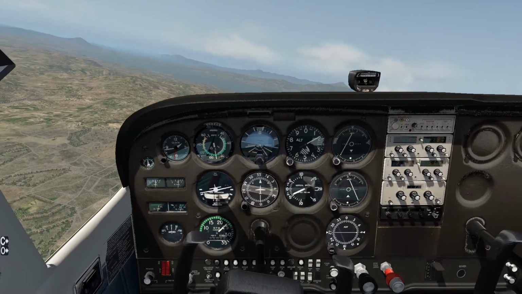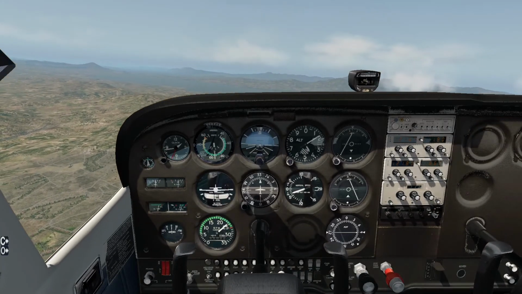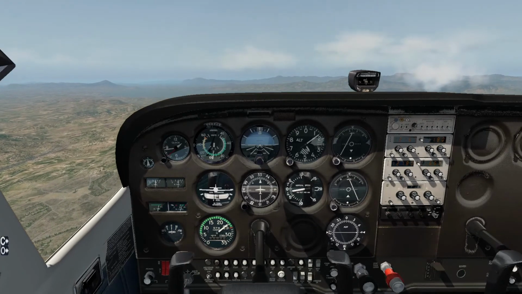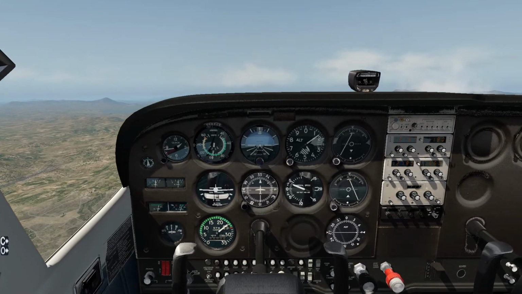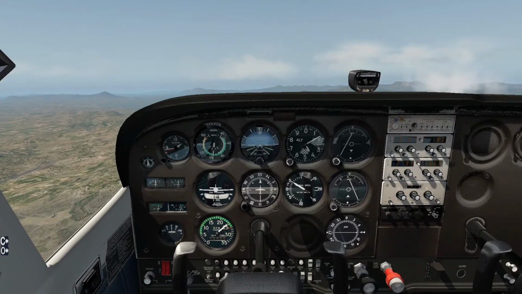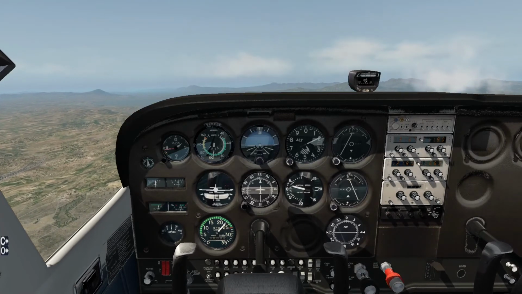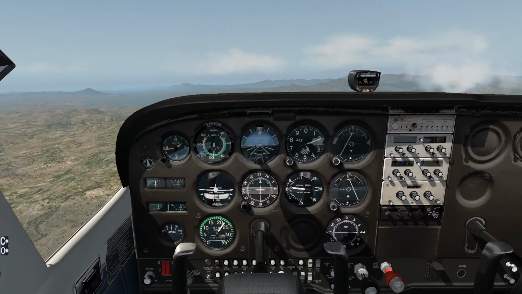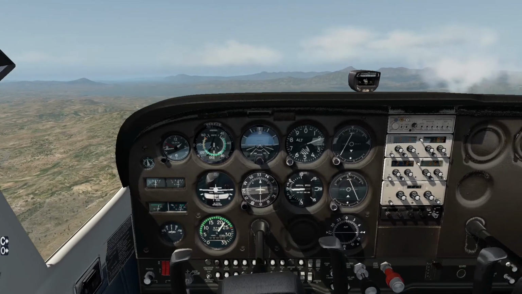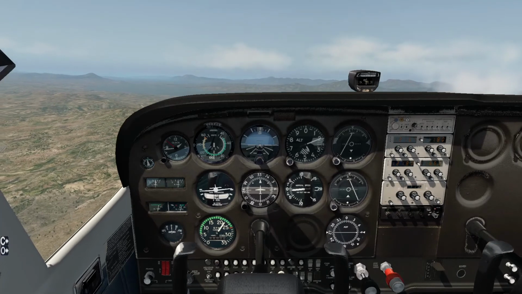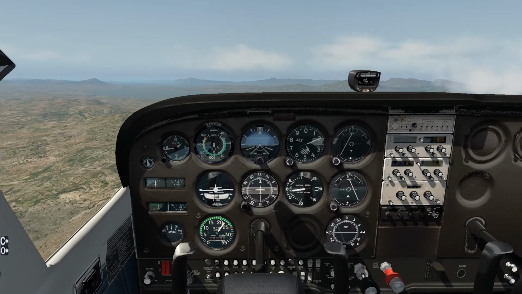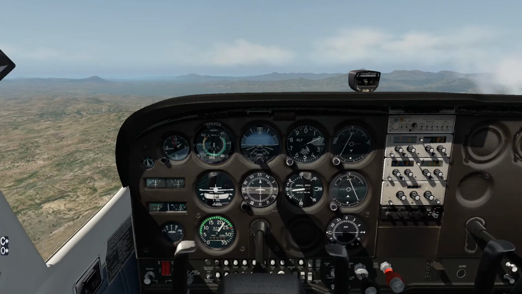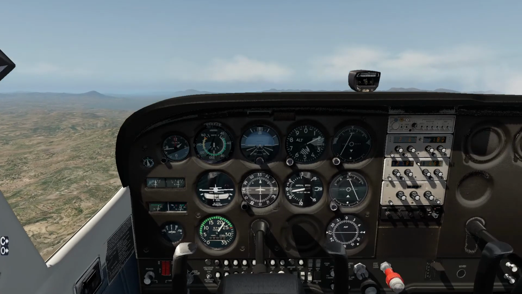We roll out at the new heading of 330 degrees. Power setting for cruise speed, and we trim the aircraft for straight and level flight. So we're now flying straight and level at a new heading of 330 degrees, 4,200 feet of altitude.